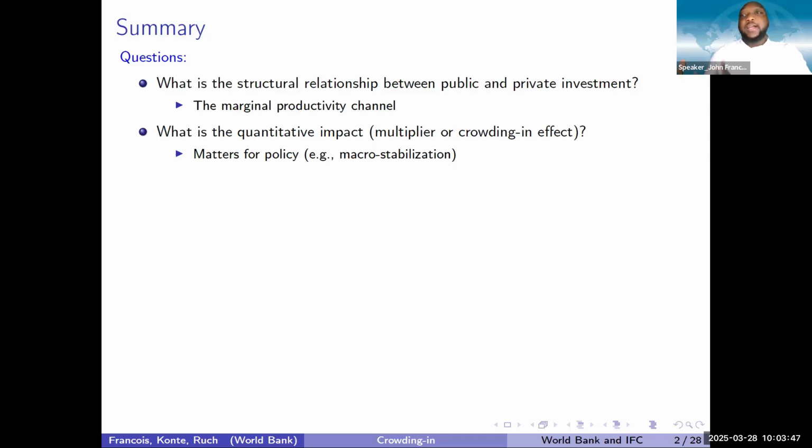The rationale is partly the marginal productivity channel, one of the key channels through which public investment affects private investment. The idea is that if public and private investment are what we call Edgeworth complements, then every dollar increase in public investment would enhance the marginal productivity of private investment and hence increase private investment itself.